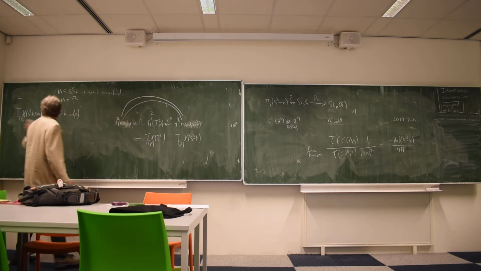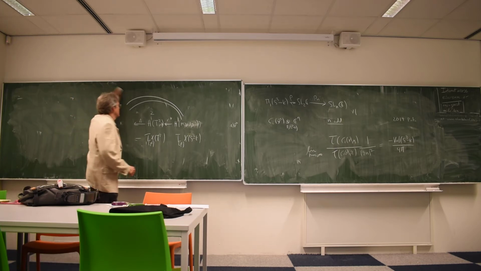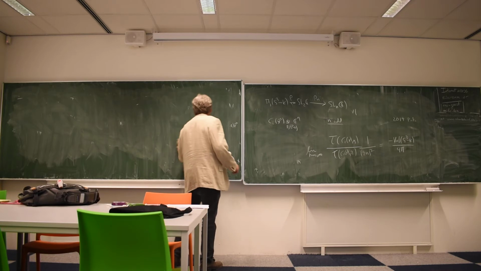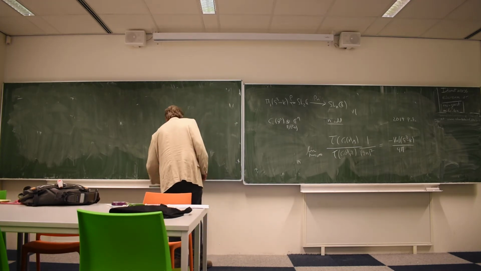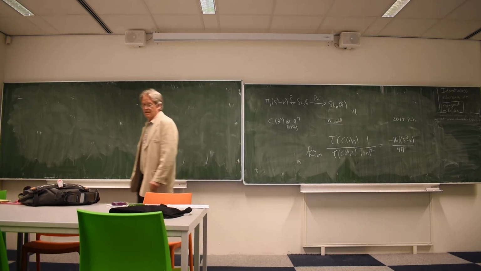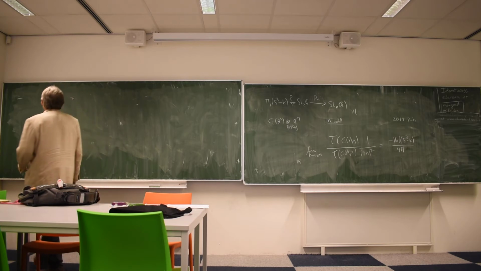So the last thing I want to talk about is the volume on character varieties being Reidemeister torsion. Okay. And I'm just going to stick to a surface group, and the reference for this is Bill Goldman's paper, The symplectic nature of fundamental groups of surfaces.